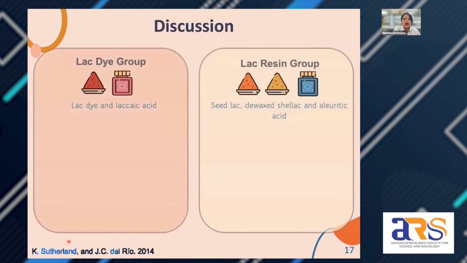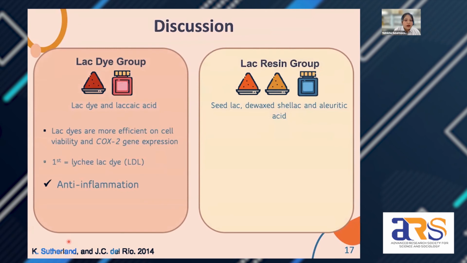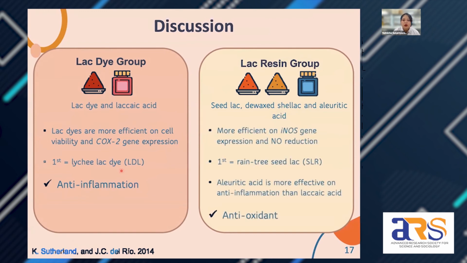So we found that LAC products and bioactive components could potentially reduce inflammatory gene expression. Lac dyes are more efficient on cell viability and COX-2 gene expression, with laccaic acid as the most efficient. Therefore, lac dye is good for anti-inflammation. At the same time, for resins, they are more efficient on iNOS gene expression and nitric oxide reduction, with the resin sample as the most efficient.